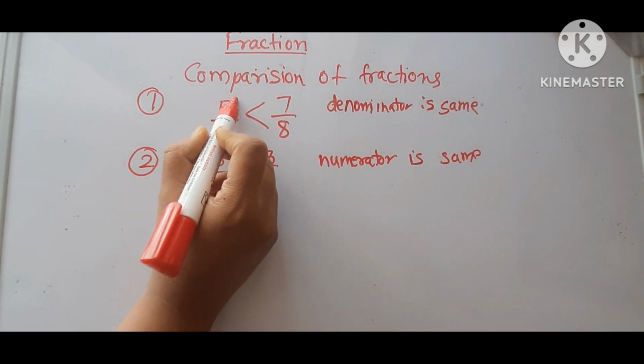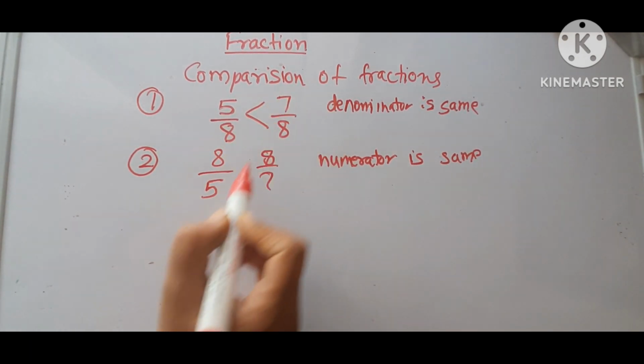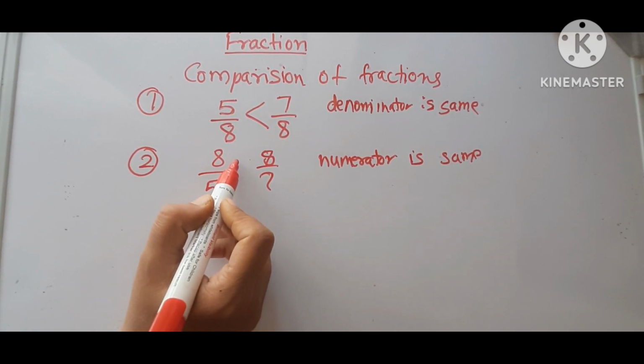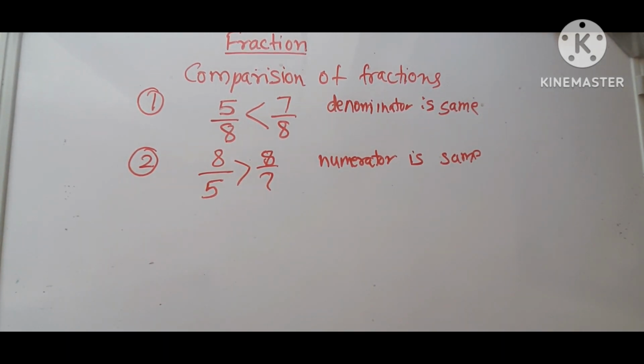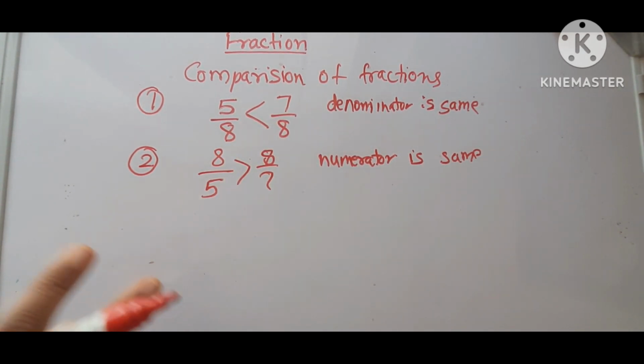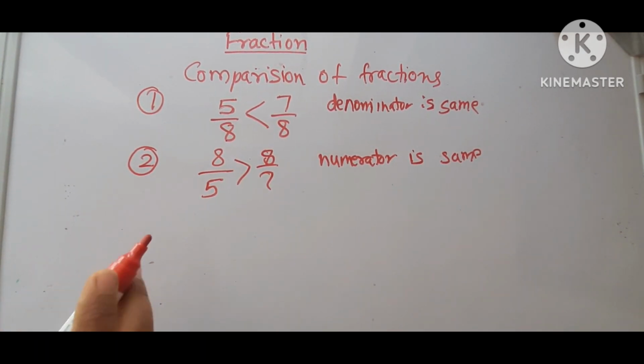In this case, if the denominator is larger, the fraction is smaller. So in this case we can say 8/5 is greater than 8/7. So these are the two methods to find the comparison if the numerators or denominators are the same.